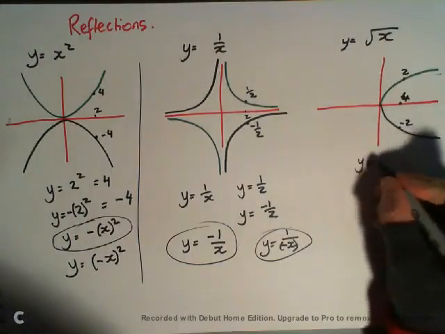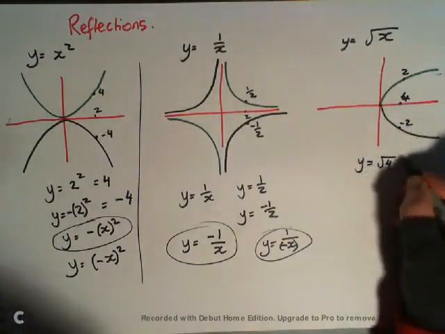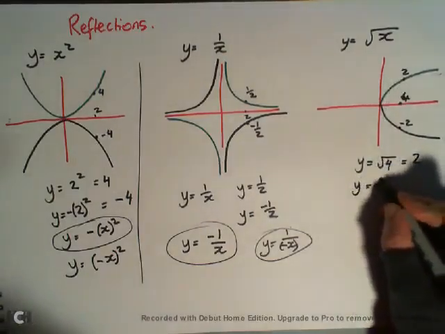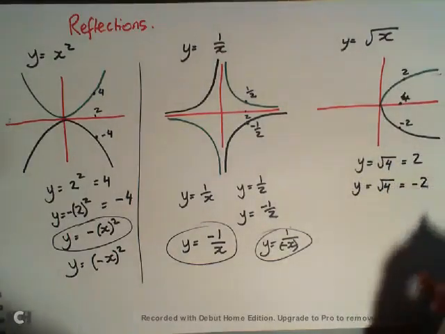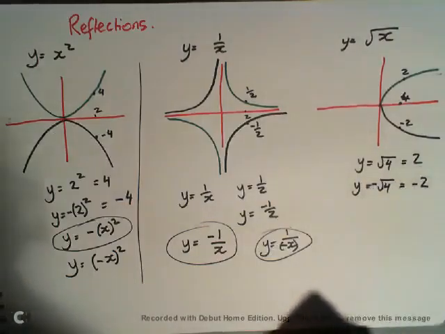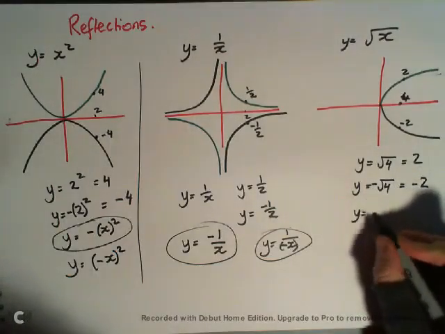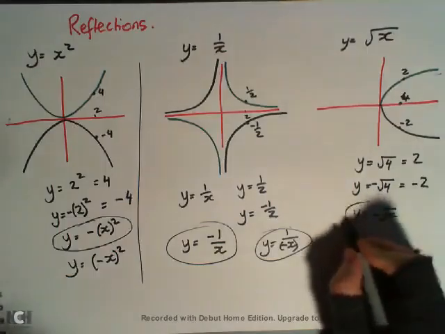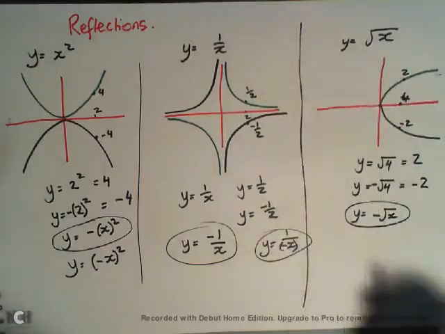Again, we have y equals square root of 4. Initially we get 2, but after our reflection we get minus 2. So where does that minus come from? It has to be outside the square root part. So we can say y equals minus square root of x for a reflection in the x-axis.